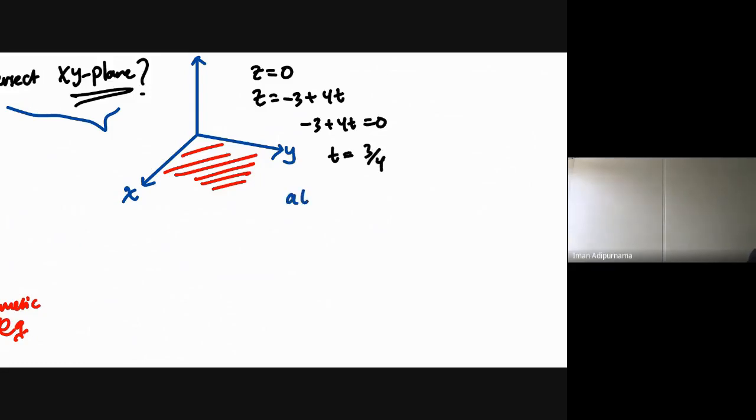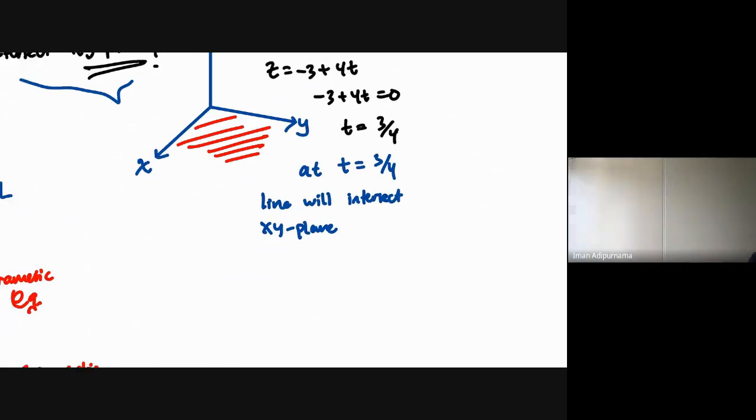At t equal to 3 over 4, the line will intersect the xy plane. But the question is the point, right?